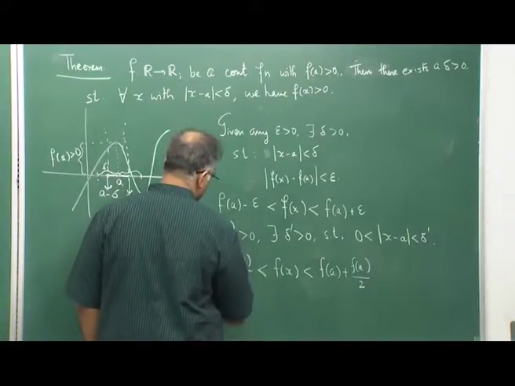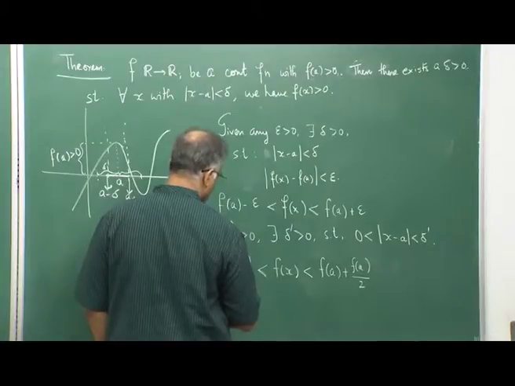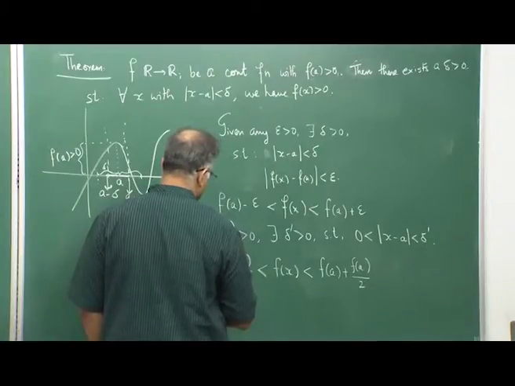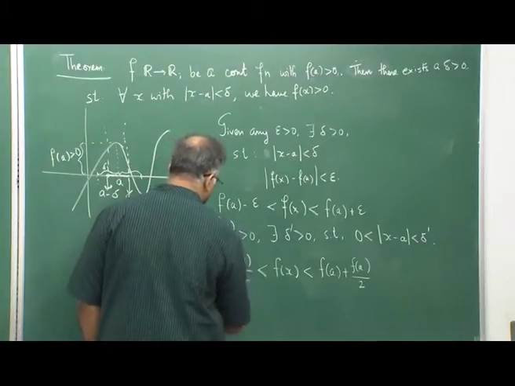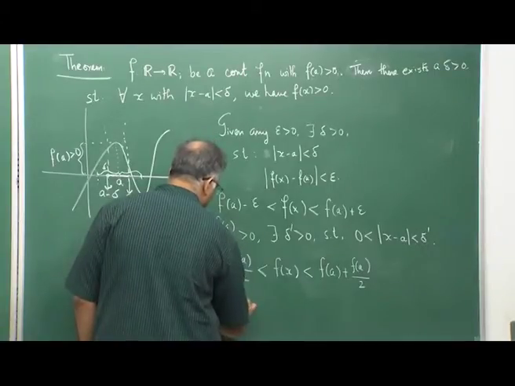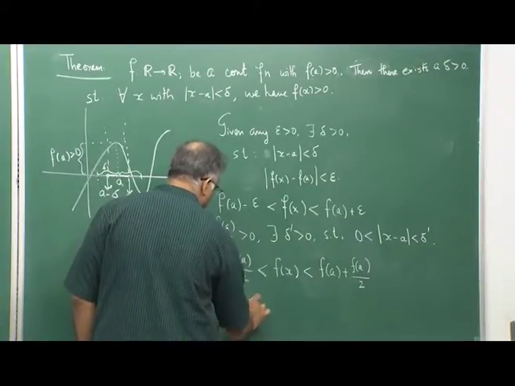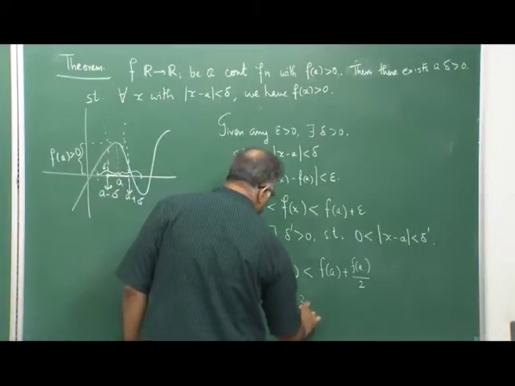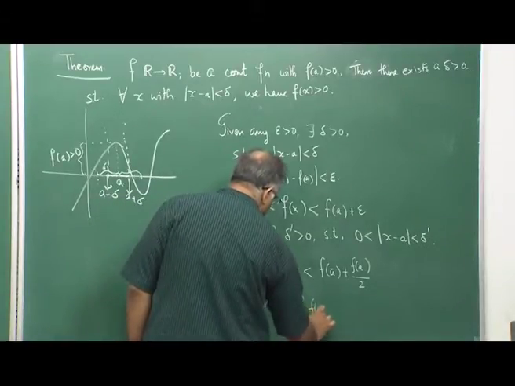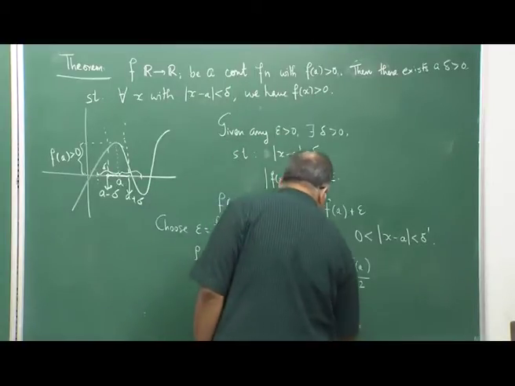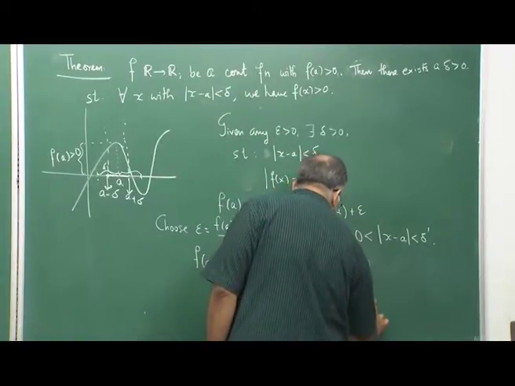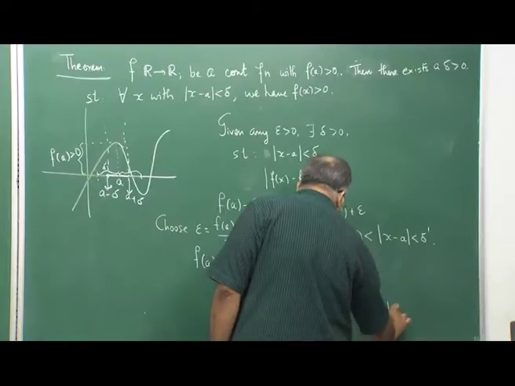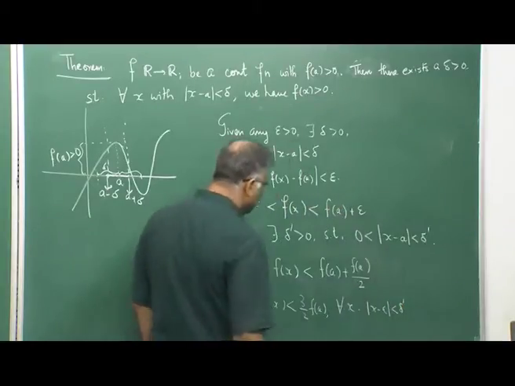So, which means in this case, what is happening here, I have f(a)/2 strictly less than f(x), strictly less than 3/2 f(a). So, this is true for all x with |x minus a| strictly less than delta dash.